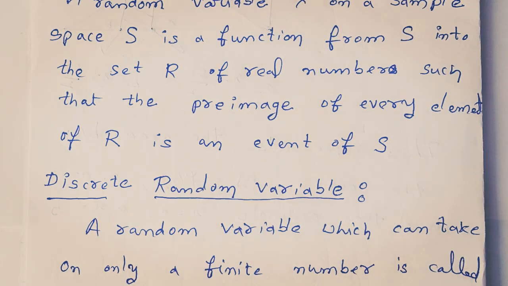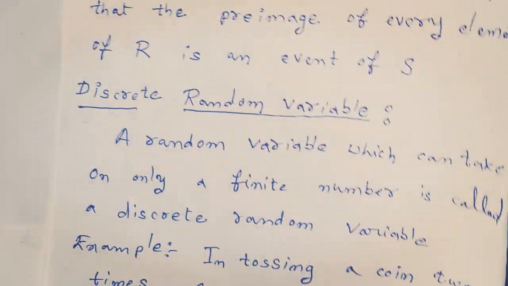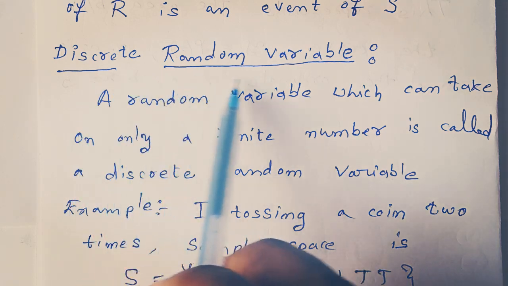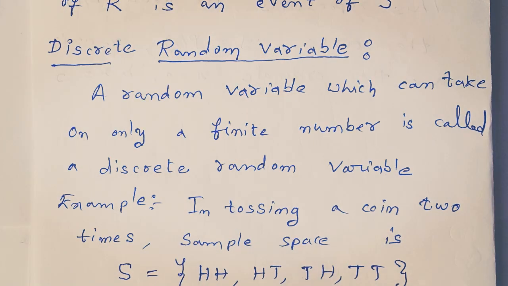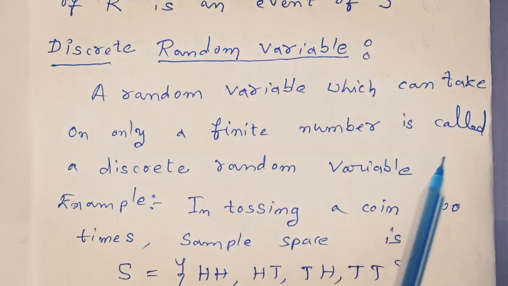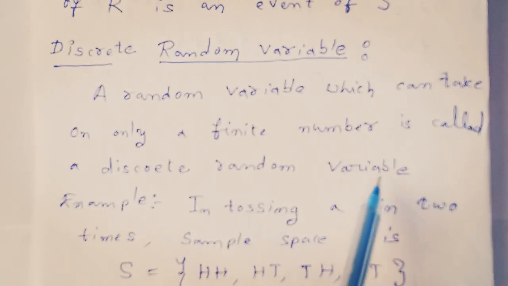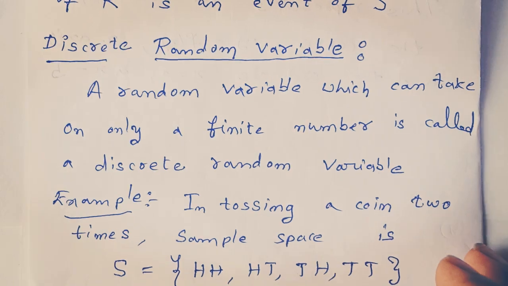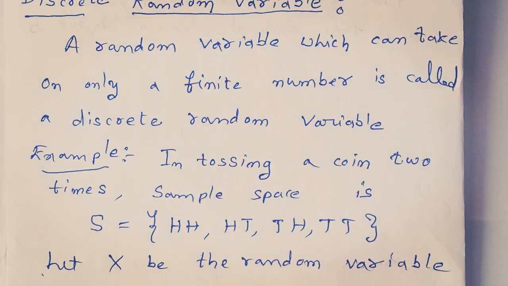Now, what is a discrete random variable? A random variable which can take on only a finite number of values is called a discrete random variable. For example, let us consider tossing two coins.